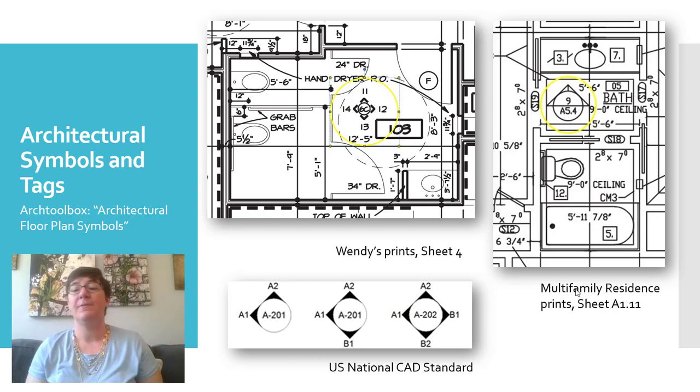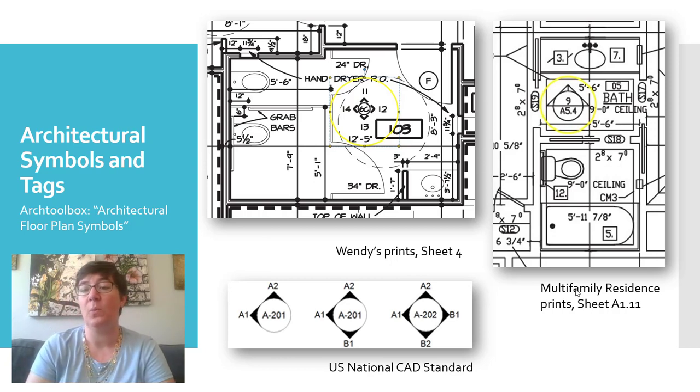Looking at the multifamily residence prints on sheet A1.11, there's another interior elevation in a bathroom. And in this case, we're just looking in one direction. There's only one interior elevation. And that's to be found on detail 9 of A5.4.